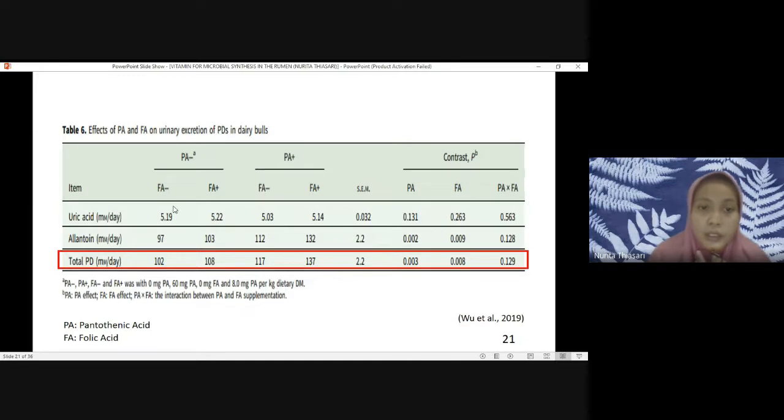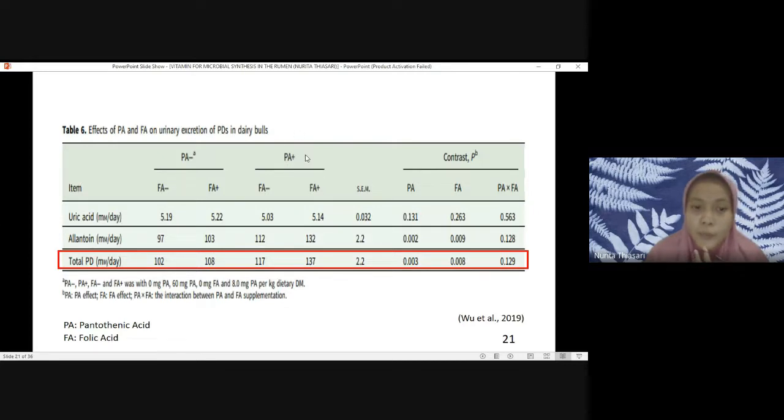And then if we compare each addition of folic acid, there is an increase for both. So without pantothenic acid and folic acid it is 102, and it increased significantly to 110 after the addition of folic acid.